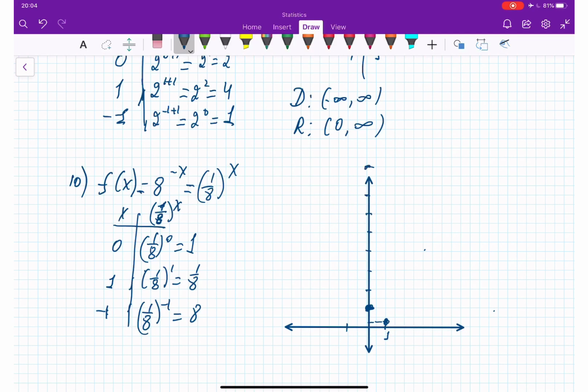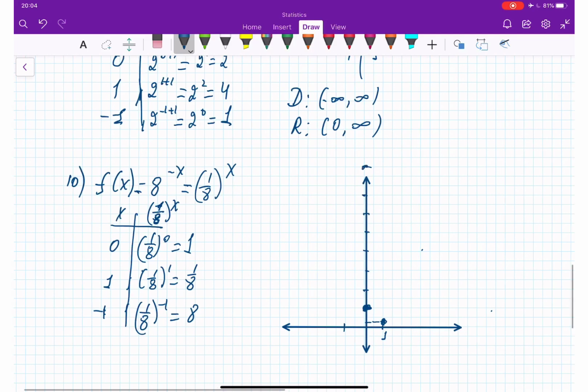It's going right here. Okay, so the graph is going to go like this.